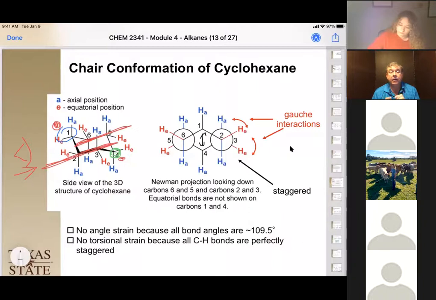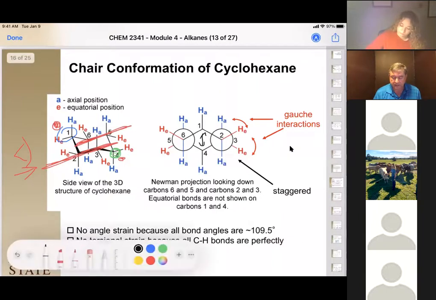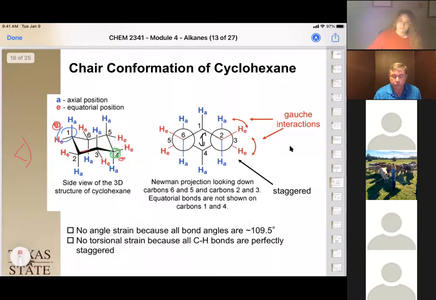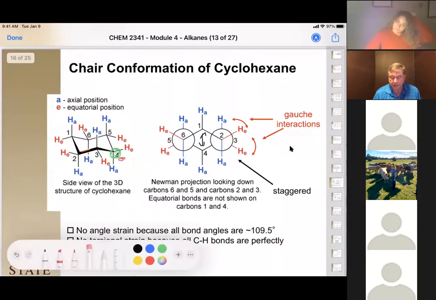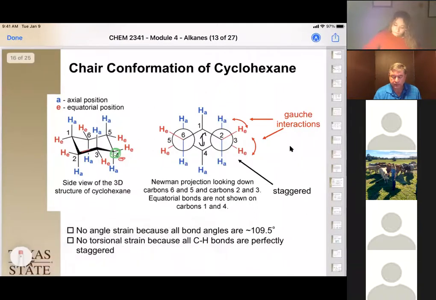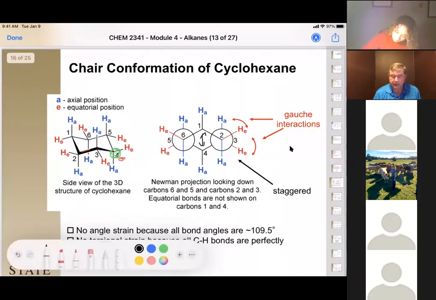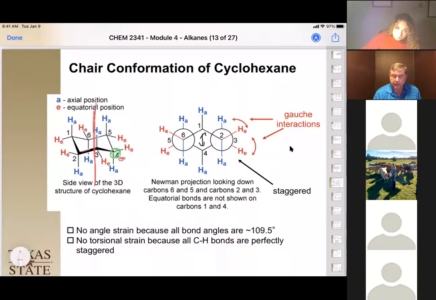Now, we have a new thing to talk about, which is the nomenclature of what types of hydrogens we have. If we were to draw a planet with an axis right here, and our planet was rotating around this axis, we have 2 kinds of hydrogens: hydrogens that are aligned with that axis, and hydrogens that would be on the equator of that planet created by that axis.